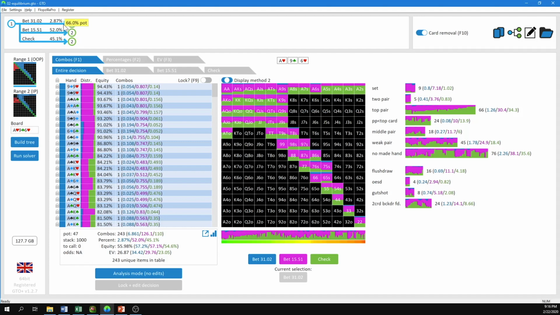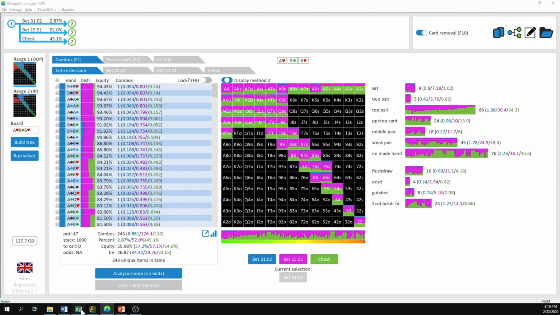What this is ultimately going to show us is the equilibrium solution for this scenario. Neither player is going to be exploiting the other in this spot. It's just going to be an equilibrium solution that exists for this formation with these ranges. And what I'm going to want to do is compare my EV from the first solve to this.